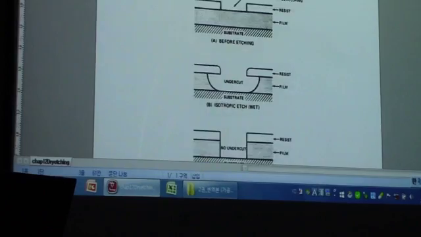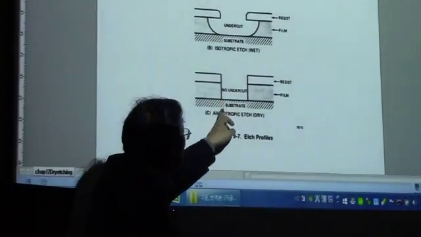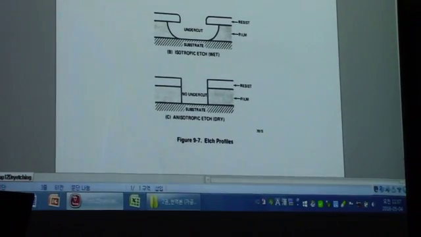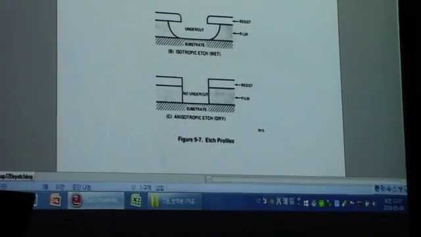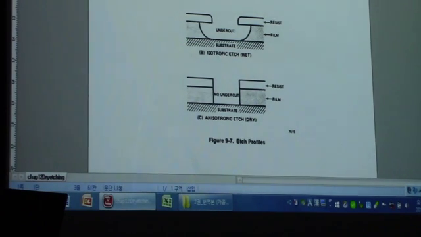But if you do the dry etching, then you can see that we have just a right angle, and we can transfer the mask patterns into the wafer directly in the same scale, because we don't have undercutting in this case.